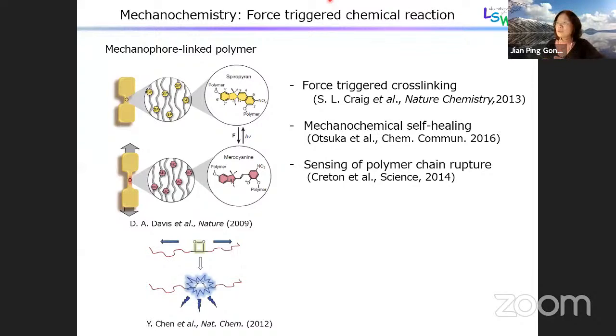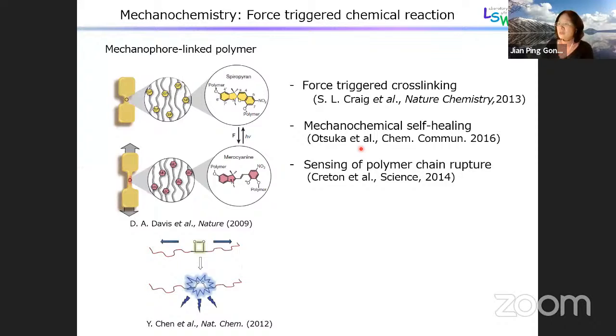And such kind of mechanochemistry has been used recently in a lot of works. For example, Stephen used, in 2013, the mechanical force to trigger cross-linking reactions. And also recently, a colleague at Tokyo Institute of Technology, Professor Otsuka, used mechanochemistry to make self-healing materials.